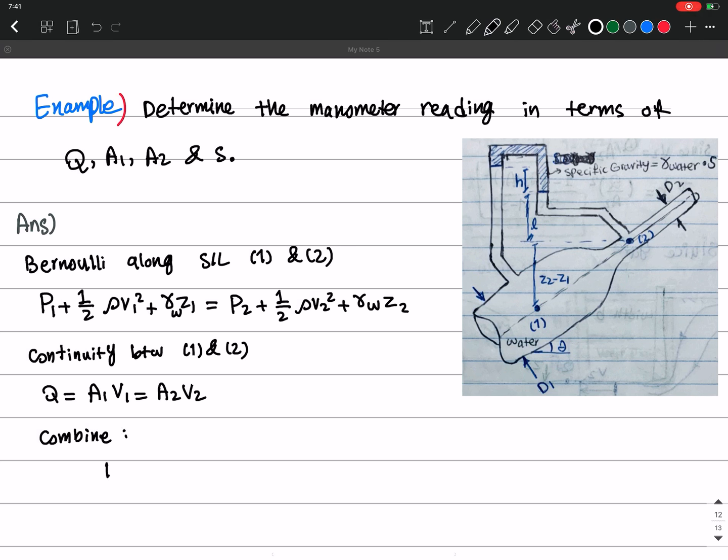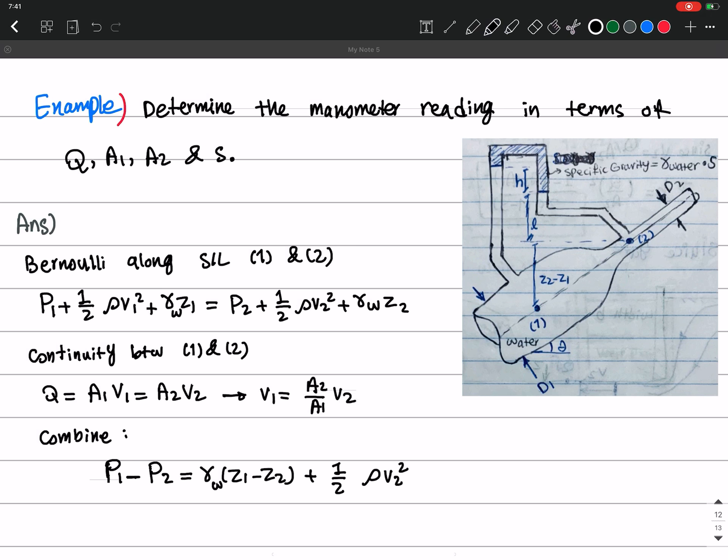And I get P1 minus P2 equals gamma water times Z1 minus Z2 plus 1/2 rho V1 square. I just use this formula, so here I can get V1 as A2 over A1 times V2.